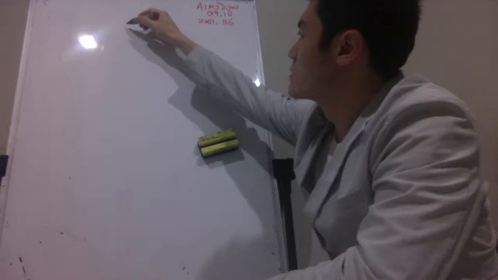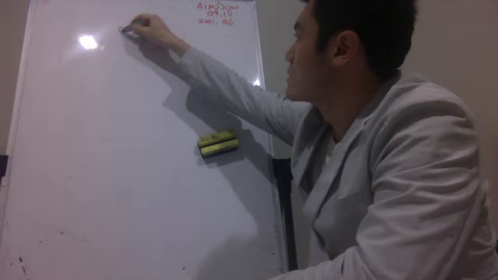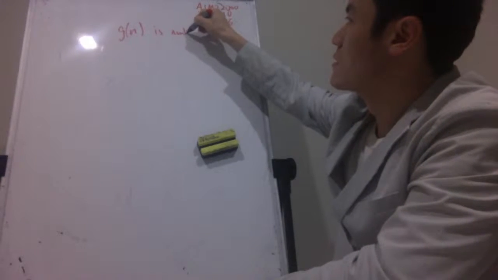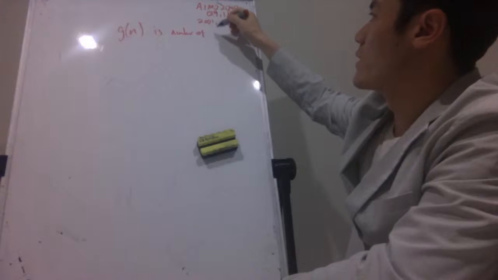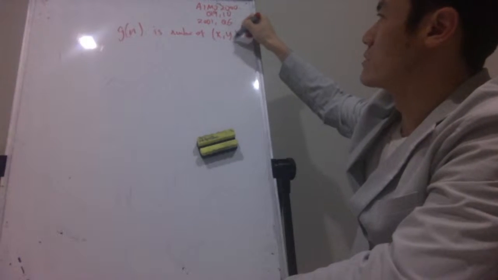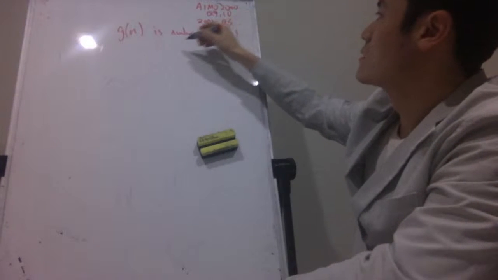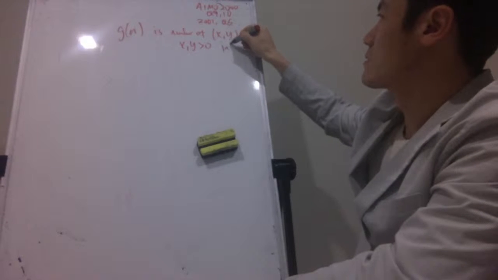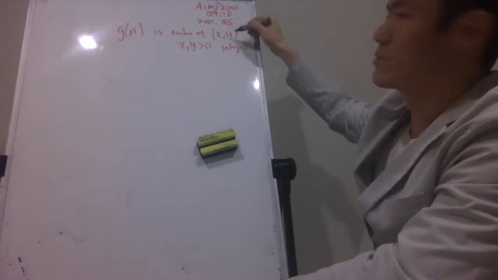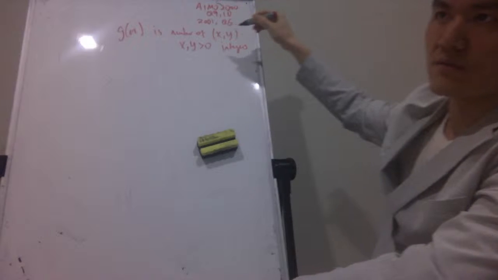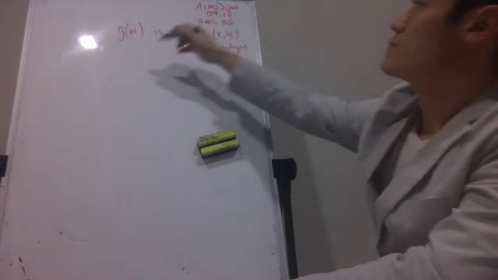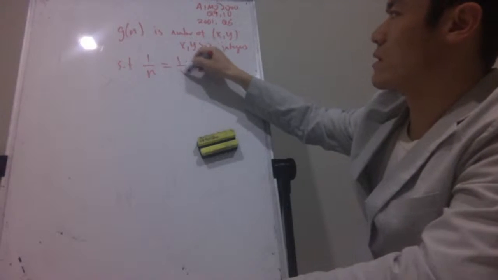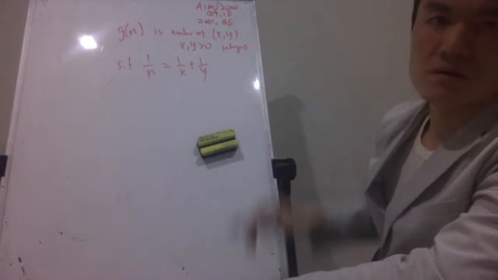Okay. So question 10 asks for, g of n is the number of pairs x, y of positive integers. So these are ordered pairs, so x, y and y, x are different if they're not the same number, such that 1 on n equals 1 on x plus 1 on y.